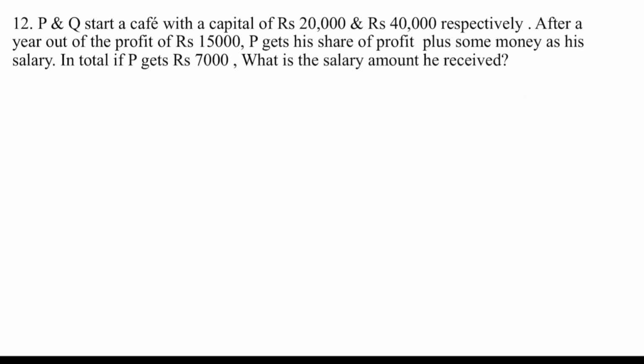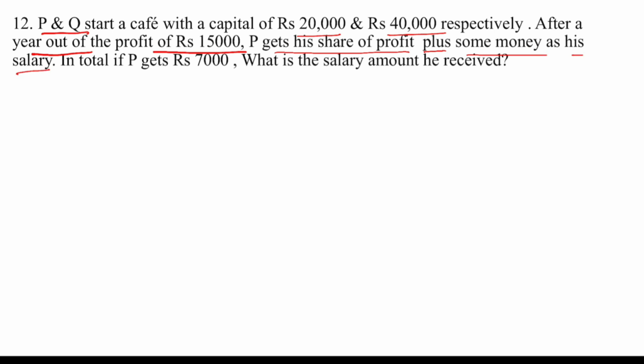Next problem. P and Q start a cafe with a capital of rupees 20,000 and 40,000. P invested 20,000, Q invested 40,000. After a year, out of the total profit of rupees 15,000, P gets his share of profit plus some money as his salary.